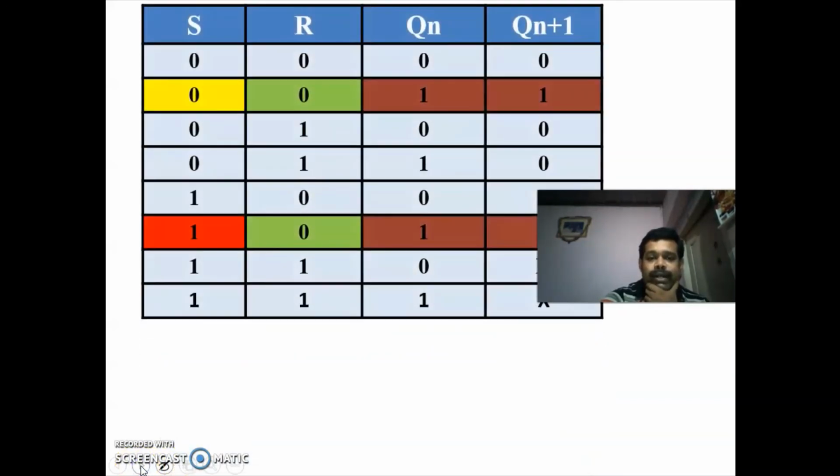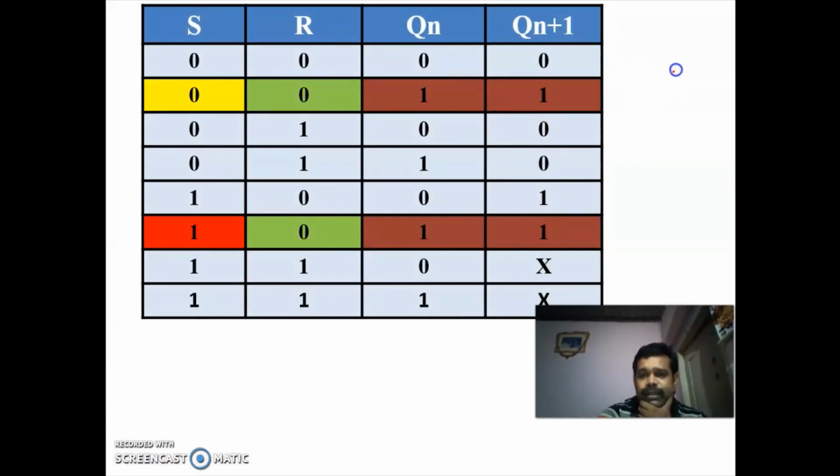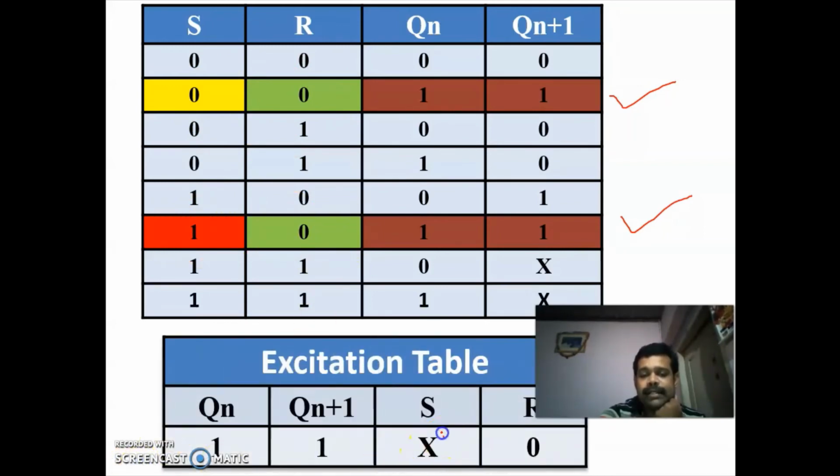Then we are going for 1 1. The 1 1 you are having in two places. In one place the value of S is 0 and R is 0. In another place the value of S is 1 and R is 0. So in the table you have to write S is equal to X, because in one place it is 0 and in another place it is 1.